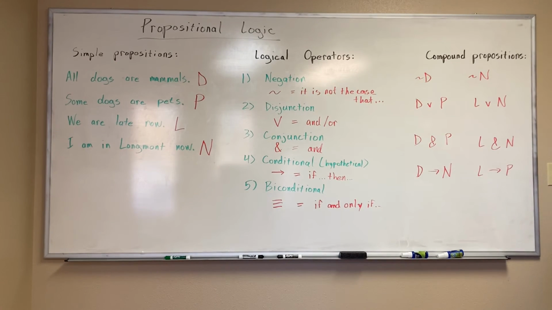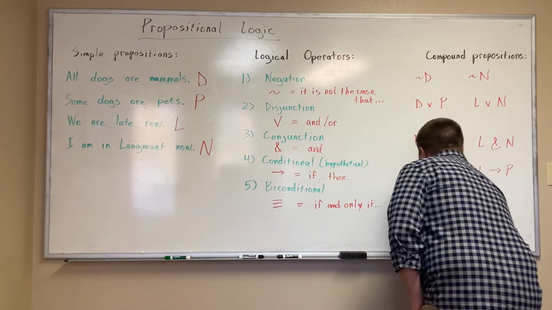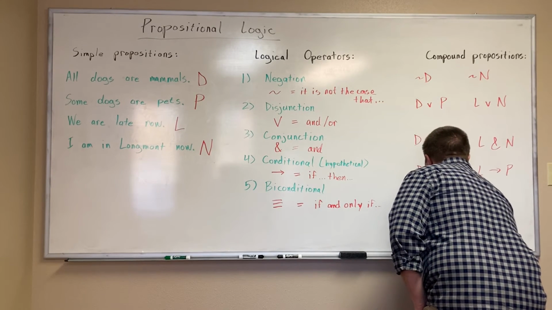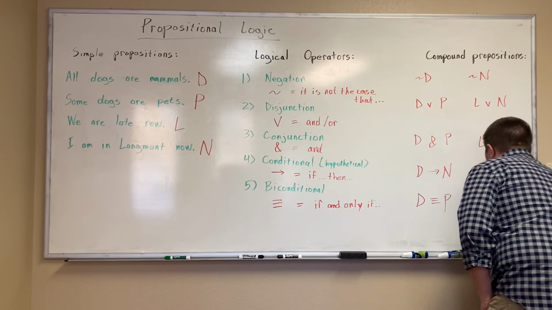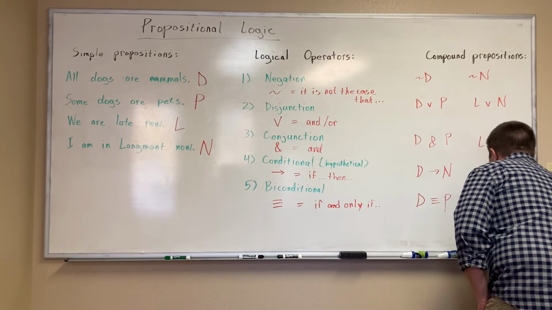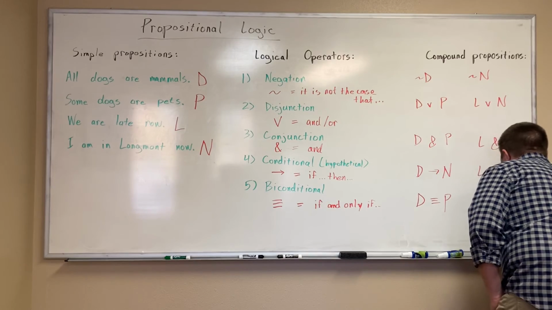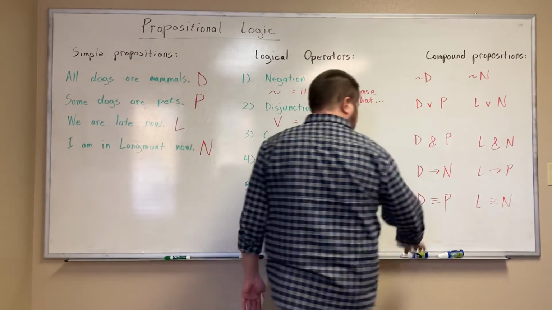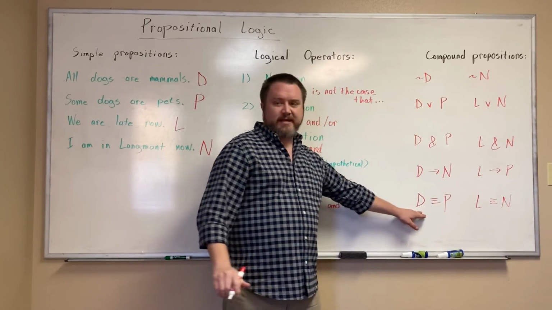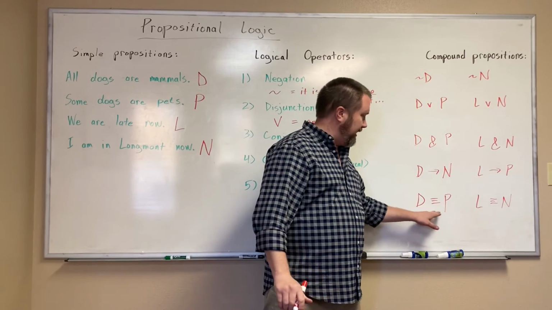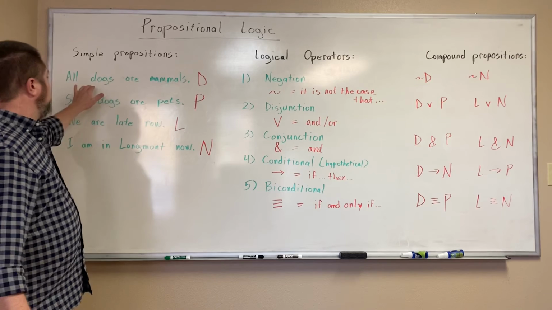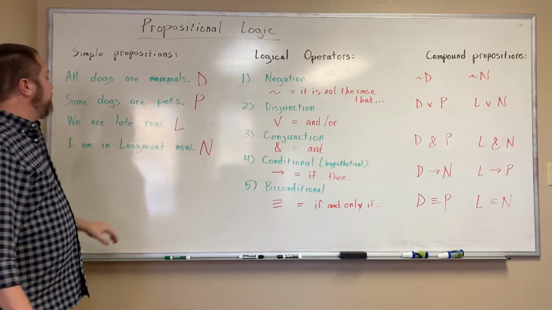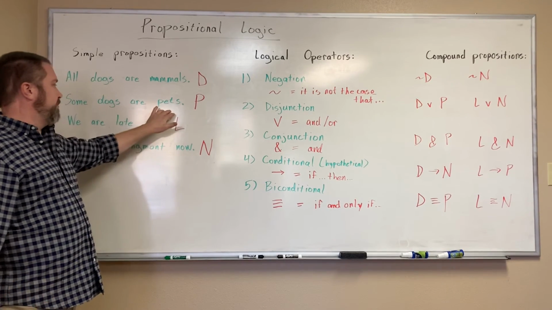And then finally the biconditional. So D triple bar P, we could say L triple bar N. And this would be saying D is the case if and only if P is the case. So all dogs are mammals if and only if some dogs are pets.